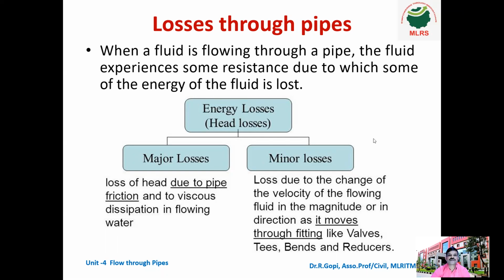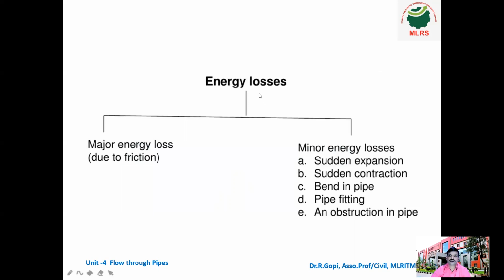So these are the causes of the losses. In this picture you can see major energy losses due to friction, and minor energy losses: sudden expansion, sudden contraction, a bend in pipe fitting, and obstruction in your pipe.